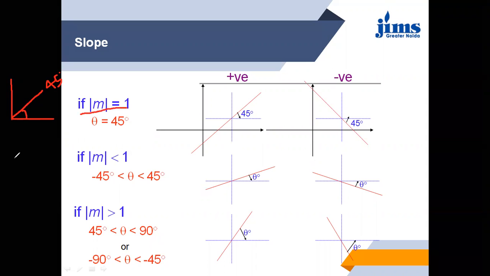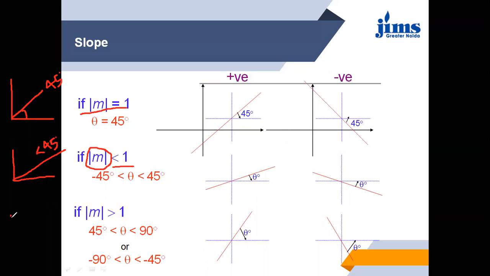When the angle of the line is less than 45 degrees, the value of m is less than 1. I will tell you about the mod also; till then, forget about the mod.